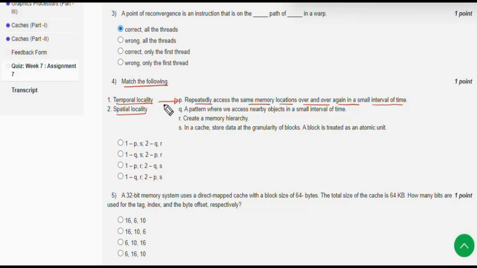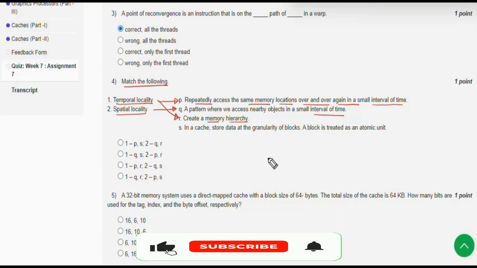And temporal locality also will match with option R: create a memory hierarchy. And spatial locality will match option Q: a pattern where we access nearby objects in a small interval of time.